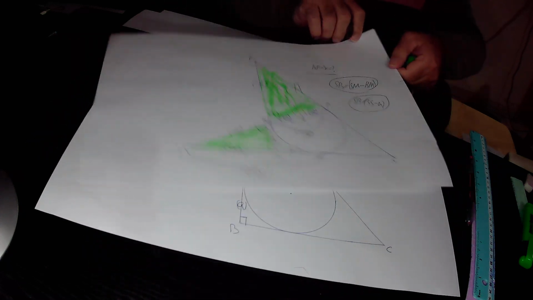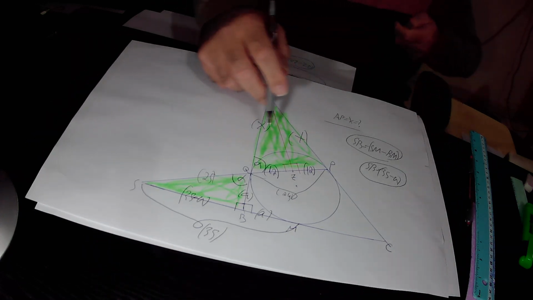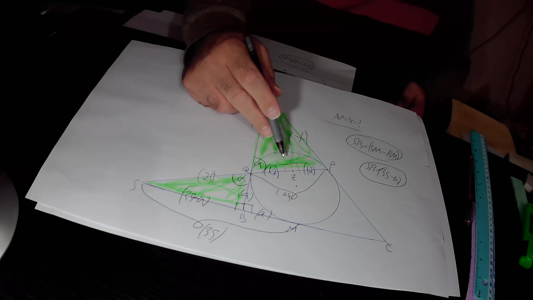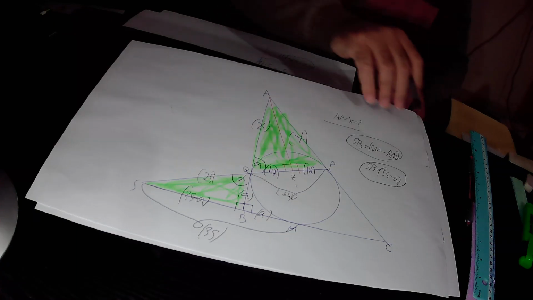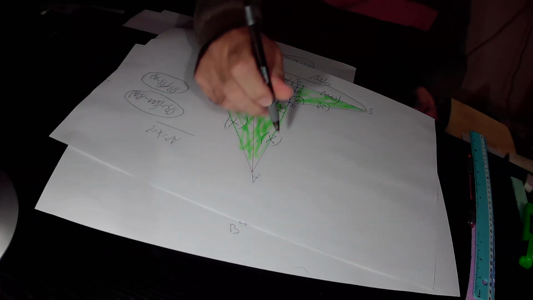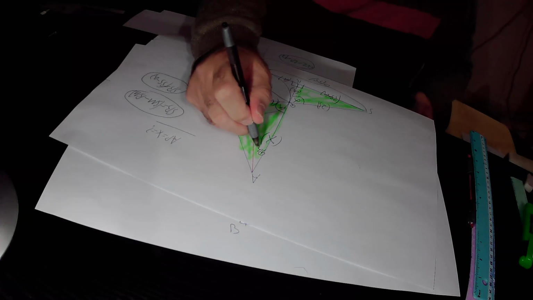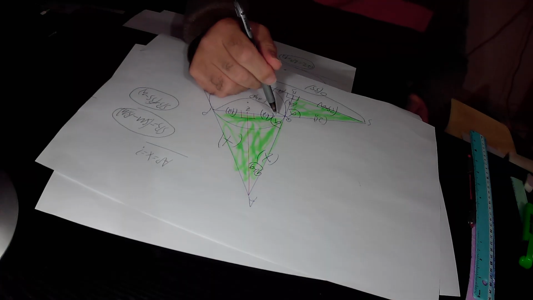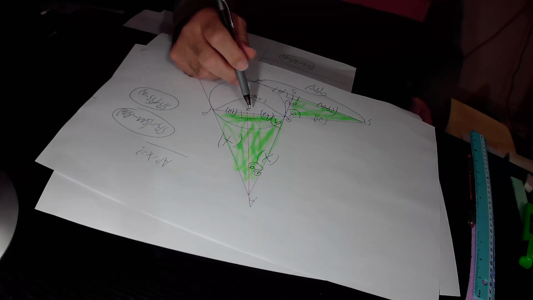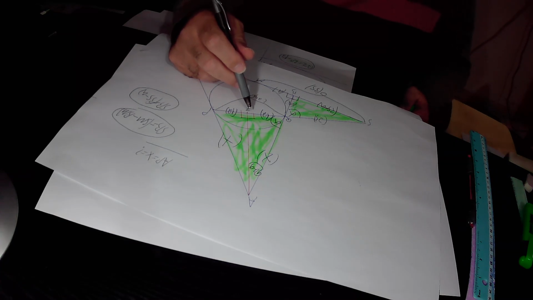So in this wide green triangle AQZ, this angle equals alpha, this angle equals 90 degrees, and therefore this vertex angle must be equal to 90 degrees minus alpha. Why? Because 90 degrees minus alpha plus alpha is 90 degrees, and 90 degrees plus 90 degrees is equal to 180 degrees, that is the sum of the angles in any triangle.